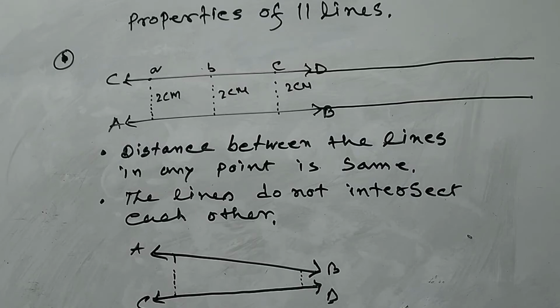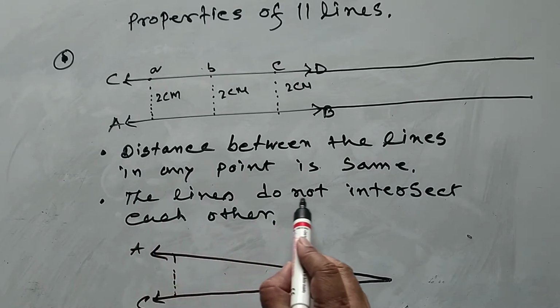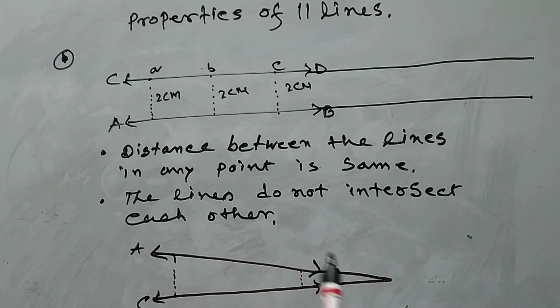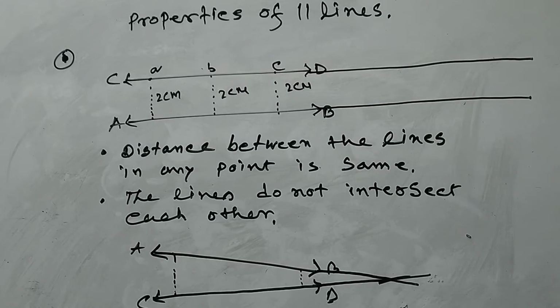Number 1. Number 2 is, if you produce the lines further, they will meet. So the lines do not intersect each other, but here they are intersecting each other. So this is not a parallel line. Okay, next.